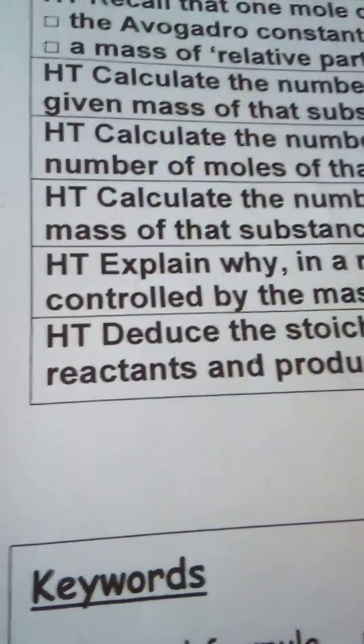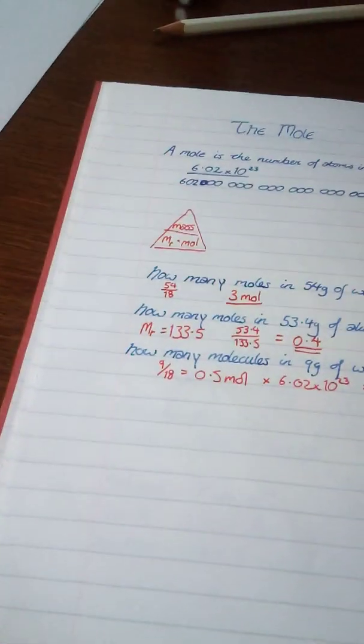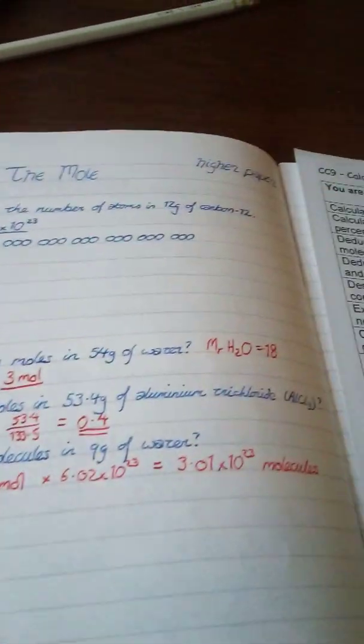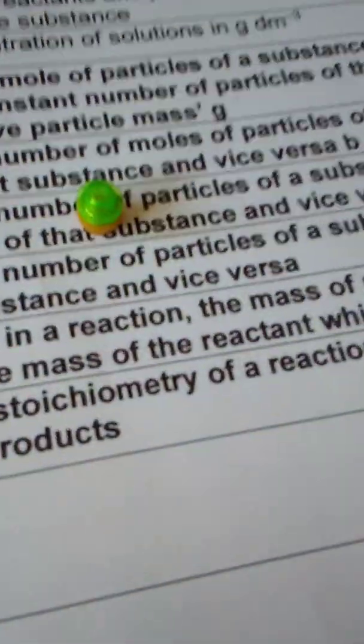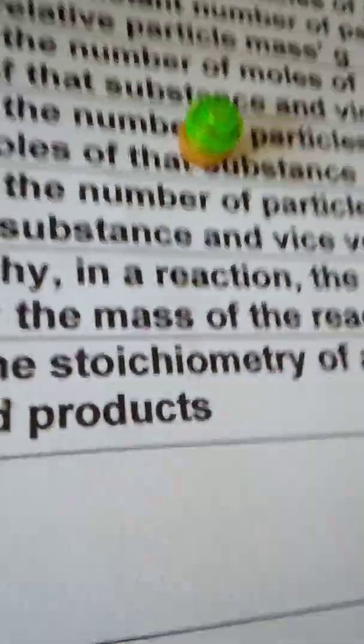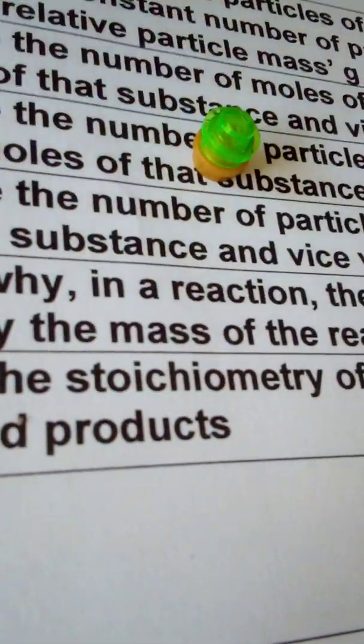Explain why in a reaction the mass of the product formed is controlled by the mass of the reactant which is not in excess. So I've got a reaction: 1 green reacts with 1 gold to create a new particle. In this reaction, I've got loads more gold than I have green.